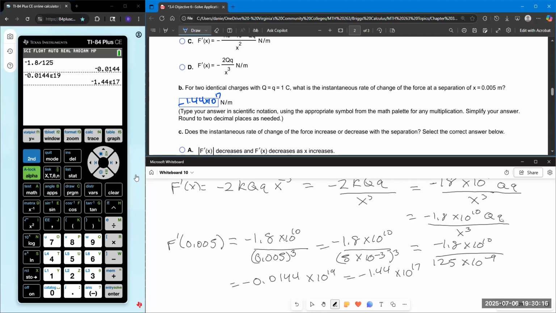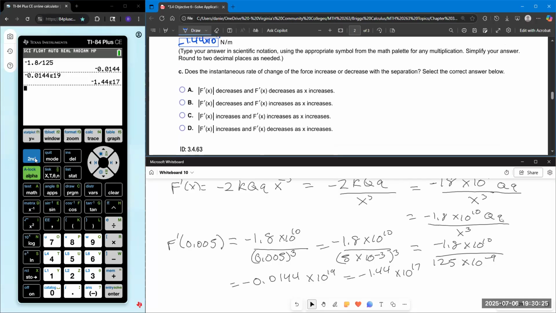And then let's go ahead and look at the graph here of F prime. Let's assume those are ones for right now. So negative 1.8 times 10 to the 10th divided by x to the third. Zoom 0.